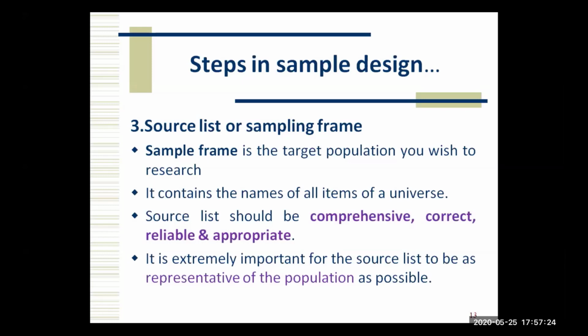The source list should be comprehensive, correct, reliable, and appropriate. It is extremely important for the source list to be as representative of the population as possible. That means you need to select a comprehensive, correct, reliable, appropriate source, supported with secondary data.